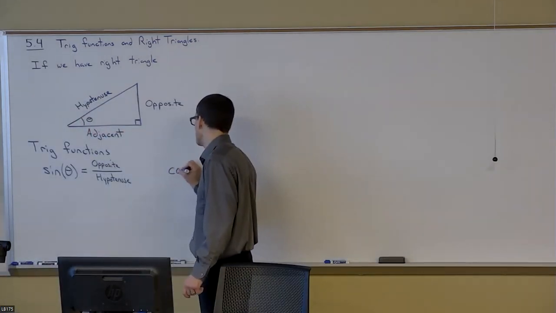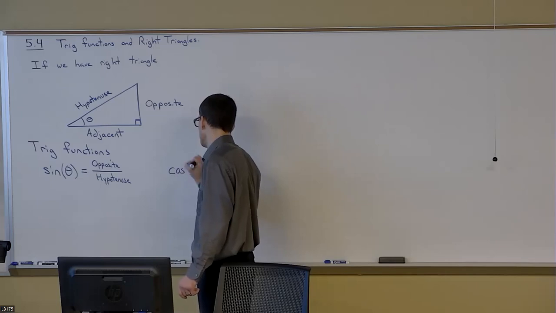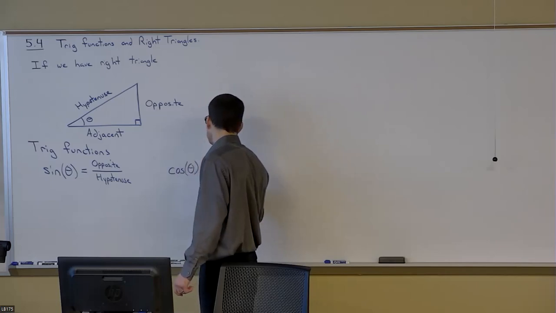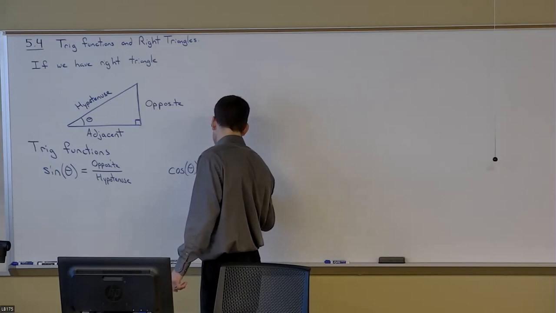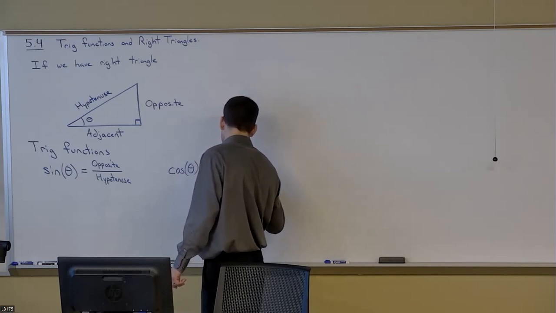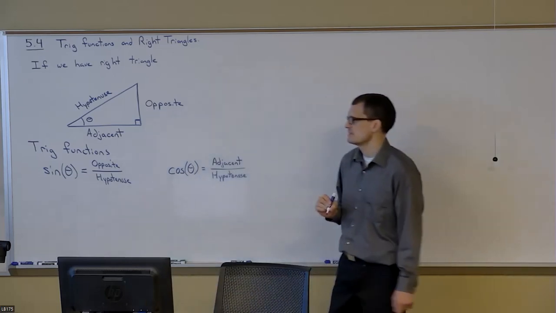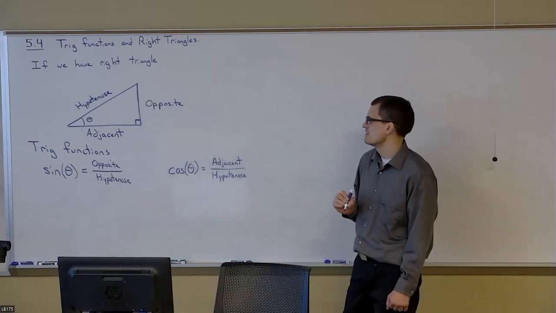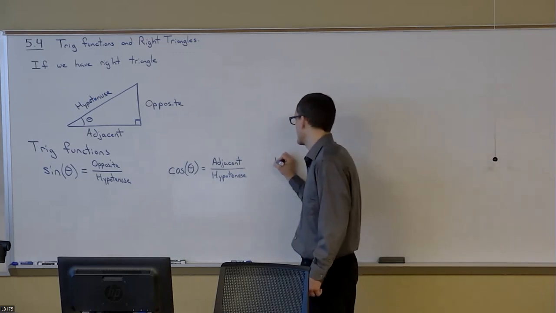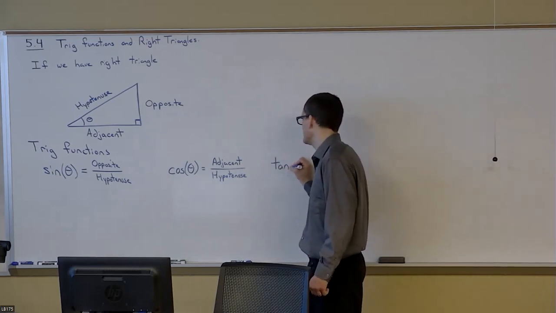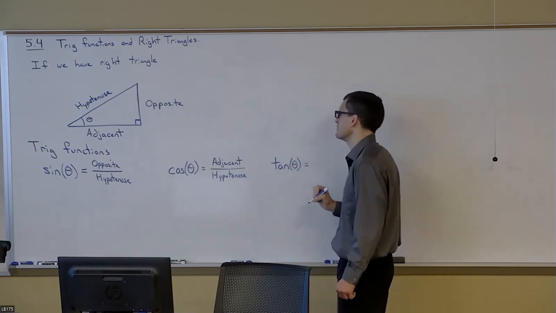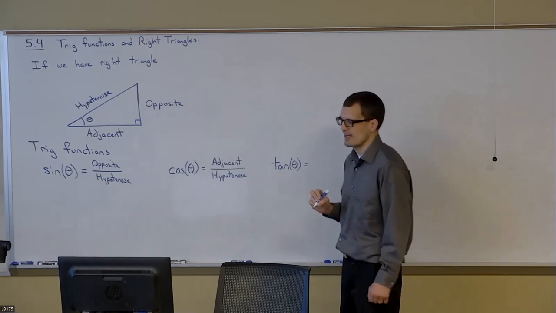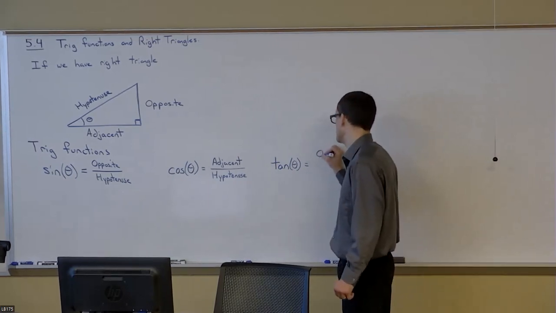The cosine of theta is the adjacent side divided by the hypotenuse. The tangent is equal to the opposite side divided by the adjacent side.